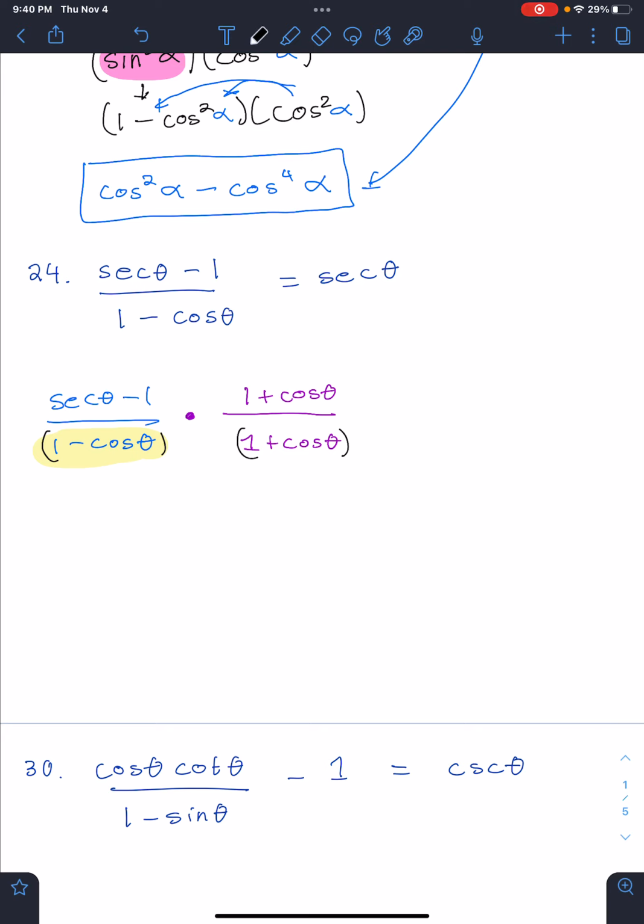The reason why you're able to do this is technically just the number 1. Whenever you multiply by something on the top and bottom, and the numbers are the same, that is equivalent to the number 1. Even though we're not going to use 1, I'm just showing you that you're allowed to do that because you're technically multiplying by 1.